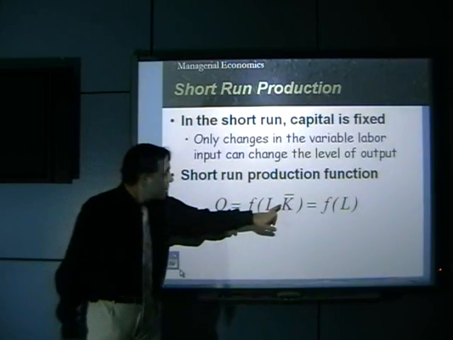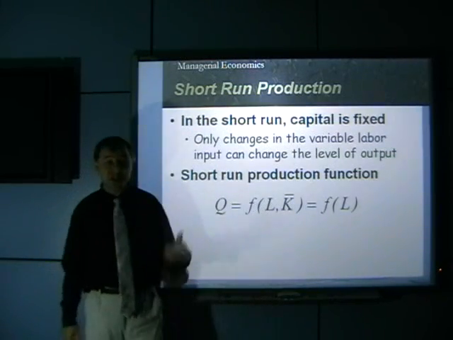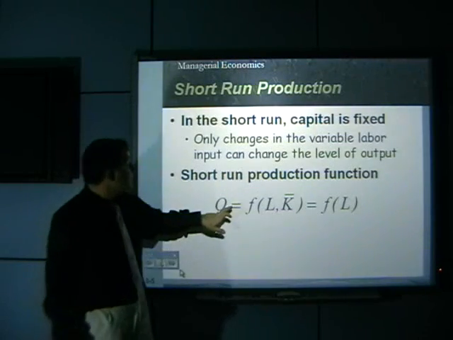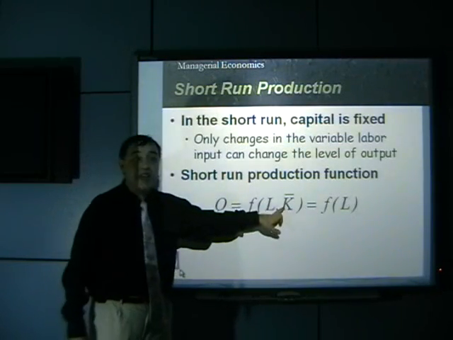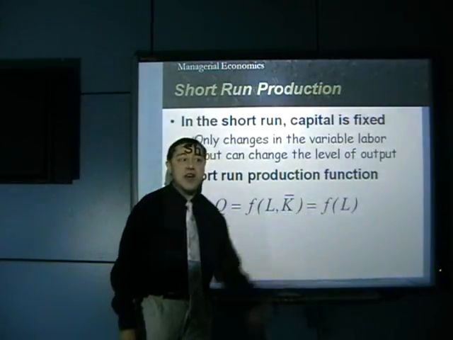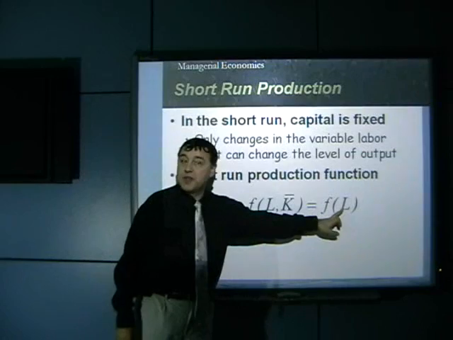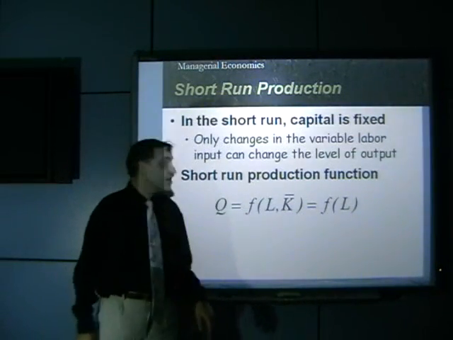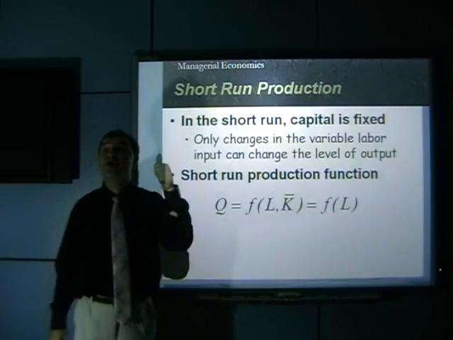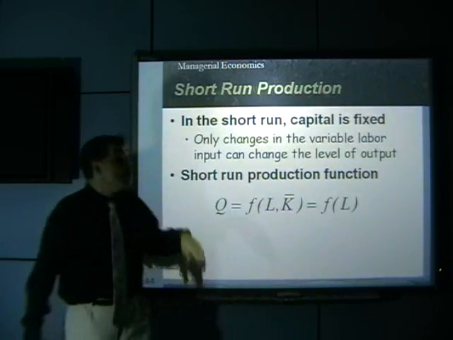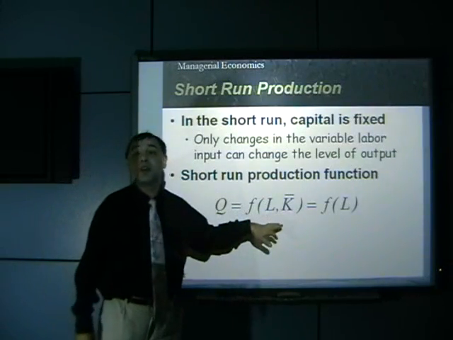When a particular variable is fixed, it means constant, a mathematical constant. This means that f of L, K-bar, where K is constant, is the same as a different function f of L. In other words, the only variable in the function is L, and K remains constant, of course, in the short run. So the short-run production function will have one variable less.